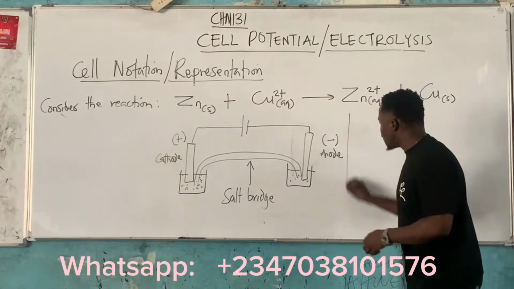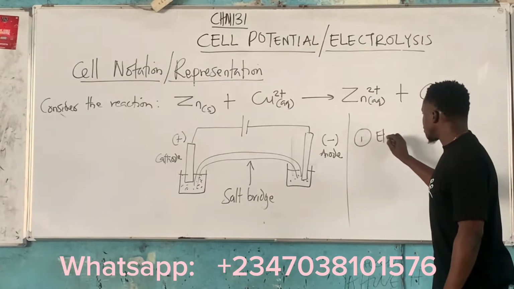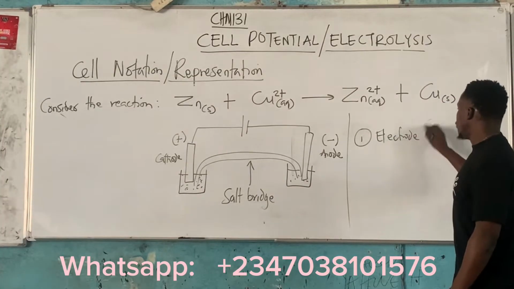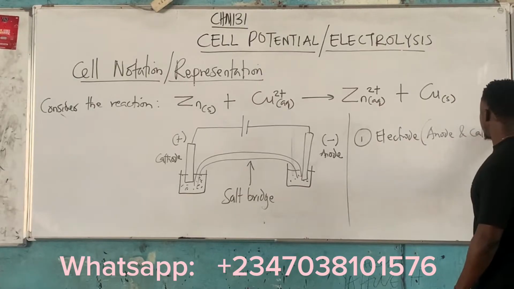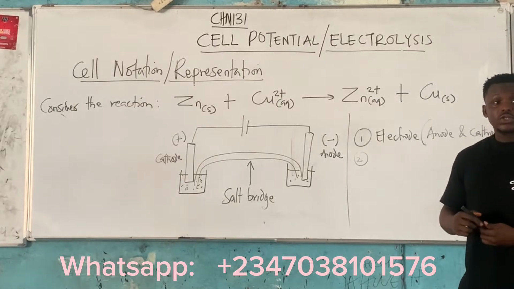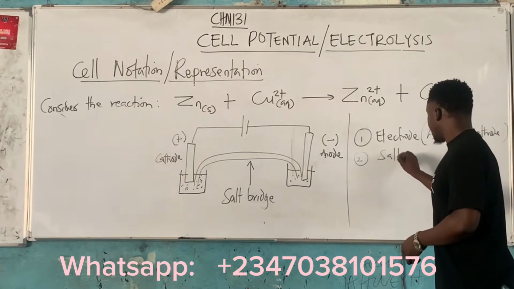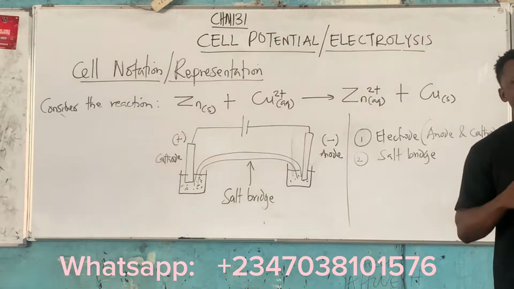Remember, every galvanic cell must have, number one, electrodes, which are anode and what? Cathode. Number two is what, class? Salt bridge.